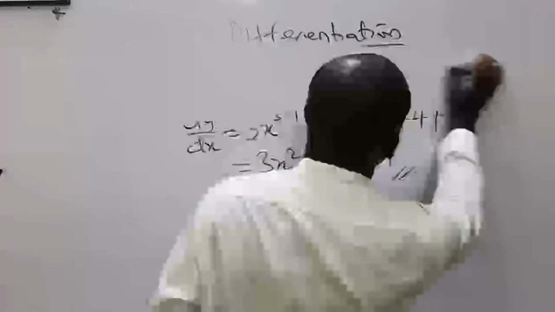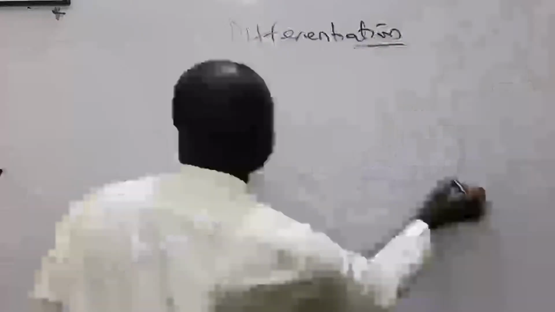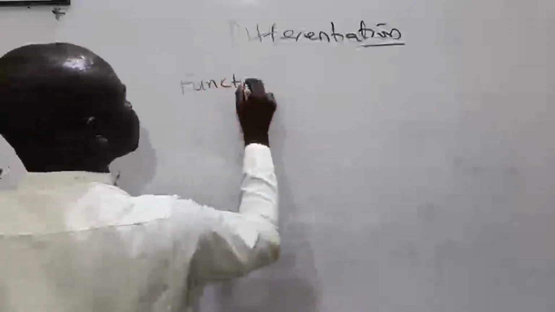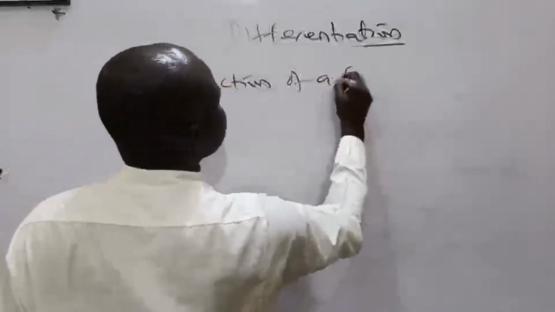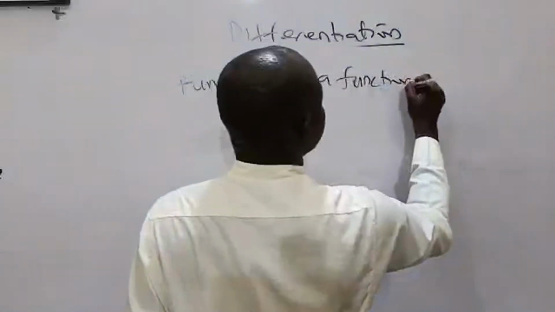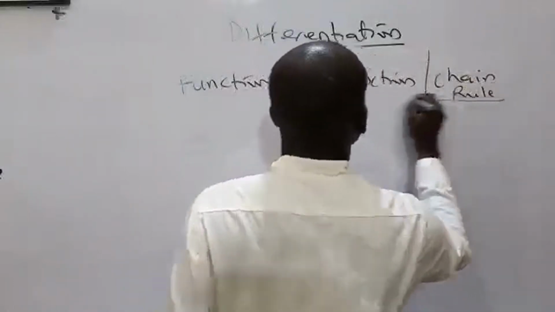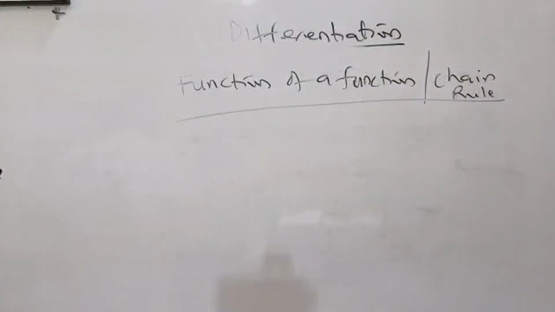Then there's this other one: function of a function. It's called function of a function, or chain rule. So what do we mean by function of a function or chain rule? The concept of calculus is very wide, but of course, we'll try as much as possible to do the revision and do justice to that particular question.